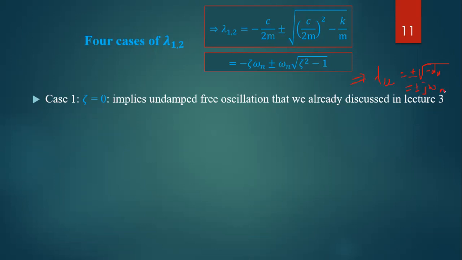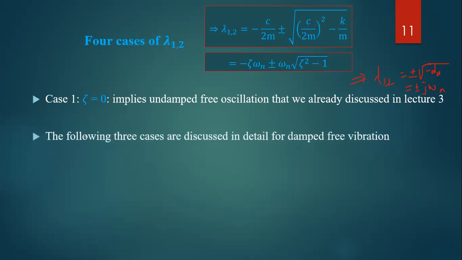This is the case which we have discussed in the previous lecture. That is the part of lecture 1. That is free vibration, the undamped free vibration case. So this implies free oscillation that we already discussed.